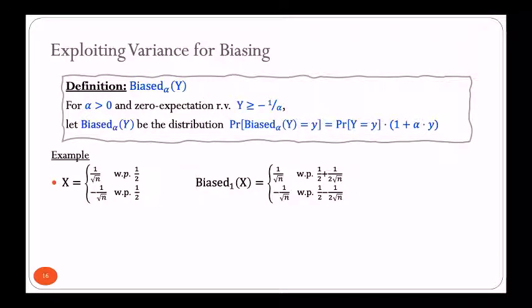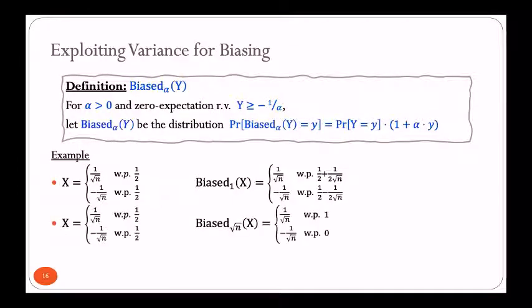Okay? So we only slightly change the random variable, only giving an advantage of 1 over square root n to the positive element. On the other hand, let's look what happens when we change alpha to be square root n. In this case, we're going to completely favor the positive value. And this makes sense since I said earlier that alpha corresponds to by how much we want to bias the random variable. Okay.